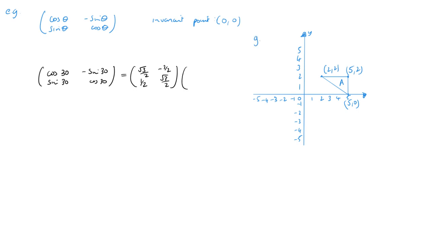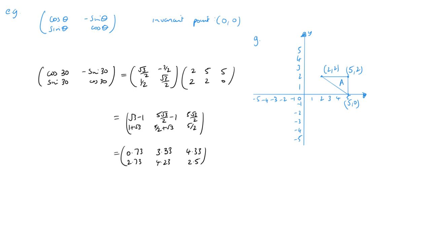So apply this to (2, 2), (5, 2), and (5, 0). And we get √3 times 2 minus 1, which is √3 minus 1. I'll just do this quickly.